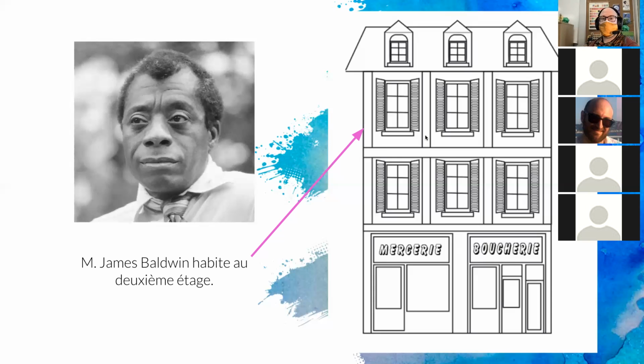And so he felt like he could live more comfortably and safely and be himself in France as opposed to in the U.S. And there are many other people like Miles Davis who had a similar experience. So we could talk about expats, so people who've left their country to emigrate to live in another country.